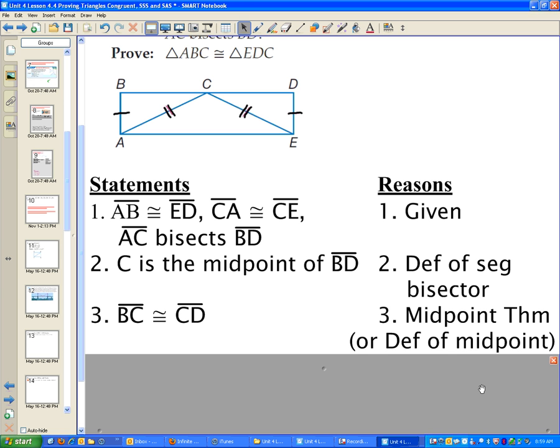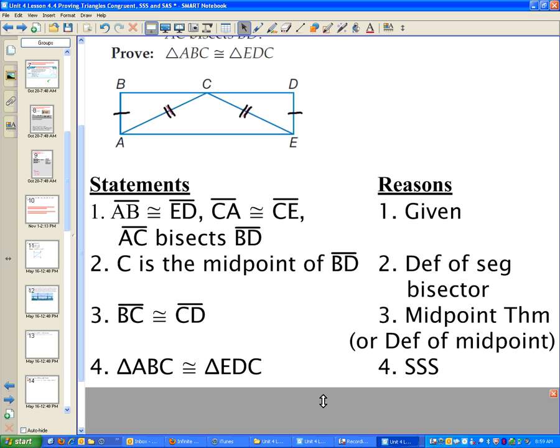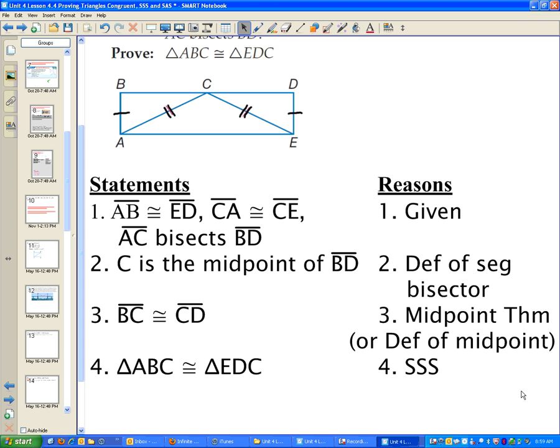Is that everything? What else we need? Yeah, we got to say it, don't we? We got to say that triangle ABC is congruent to triangle EDC. And our reason is not definition of congruent triangles.